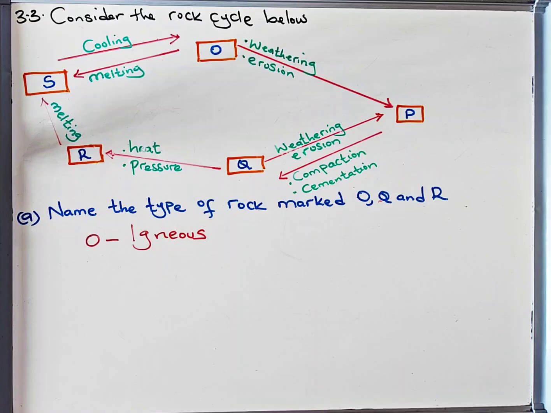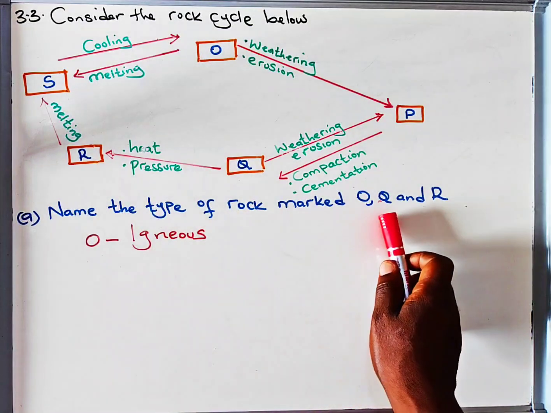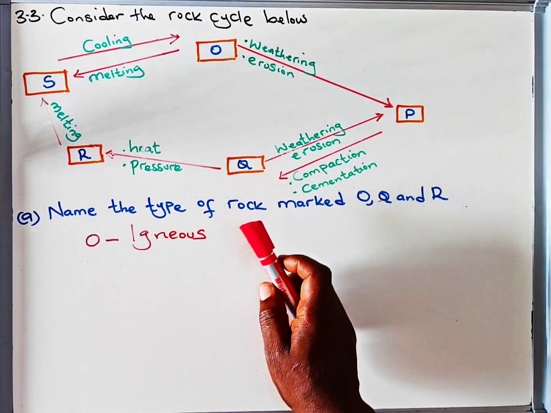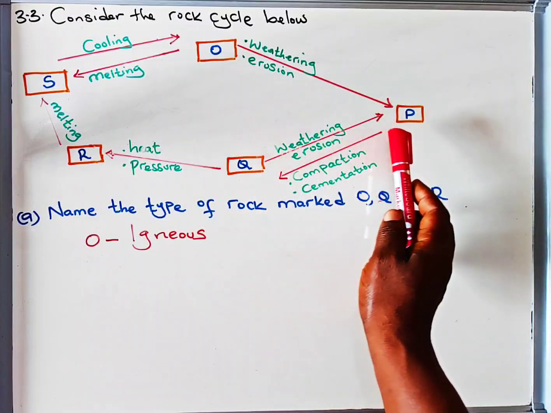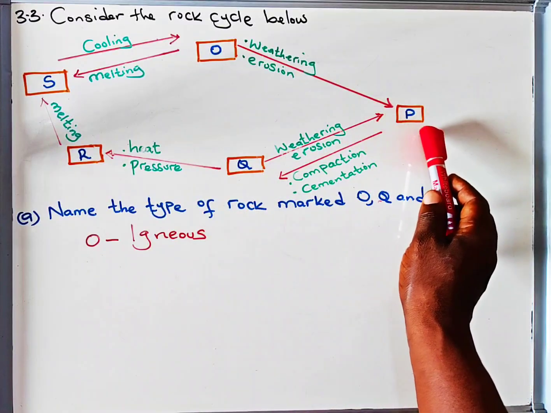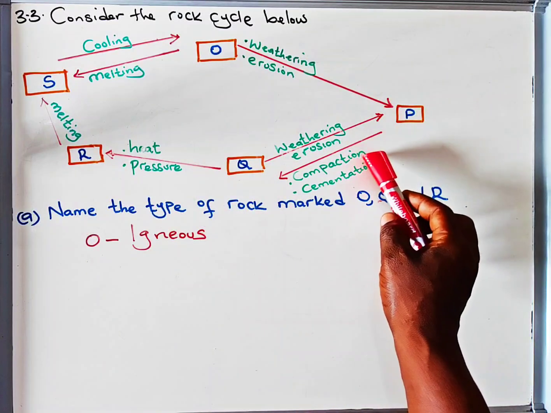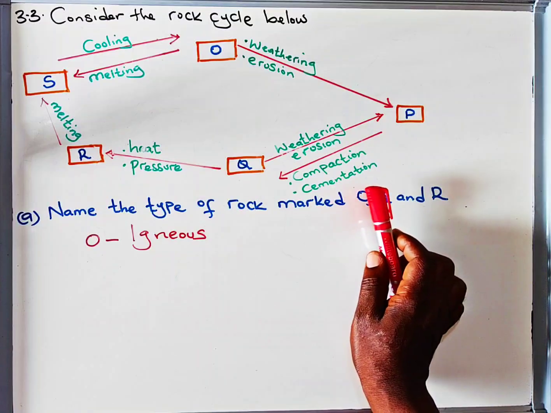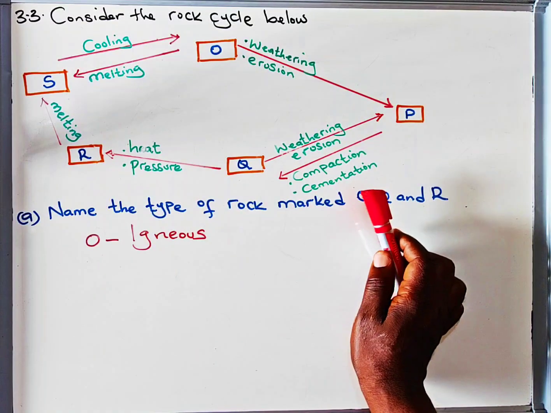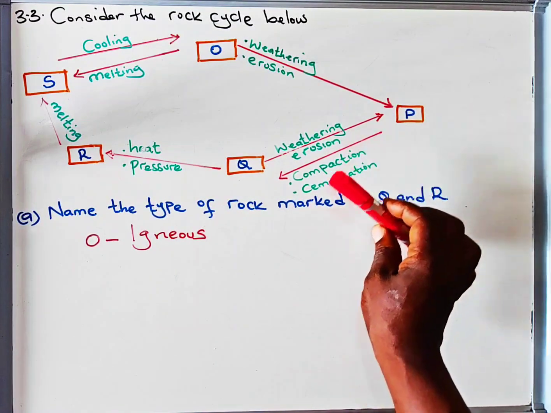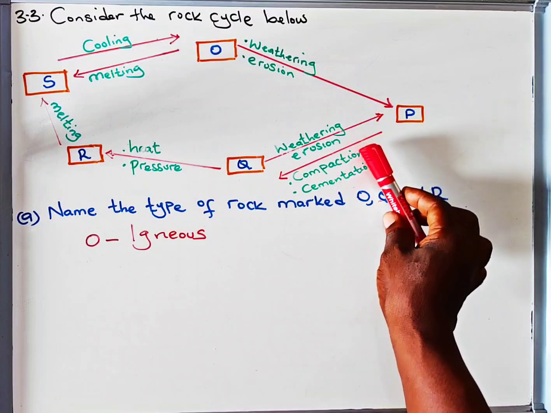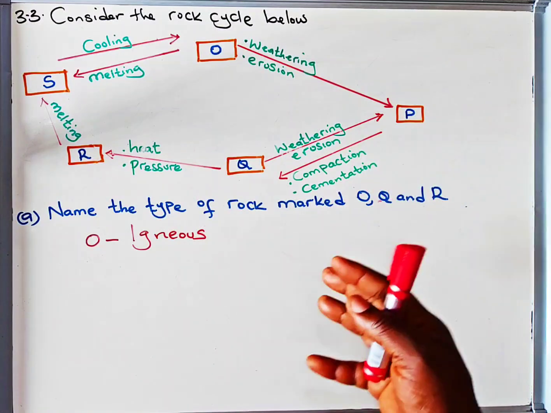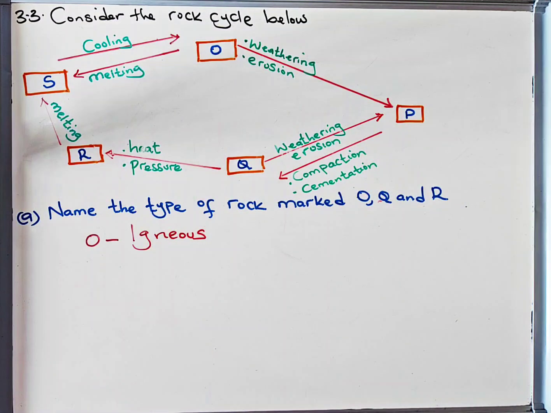Then Q is this rock. It comes from P after compaction and cementation. What type of rock is formed after compaction and cementation?